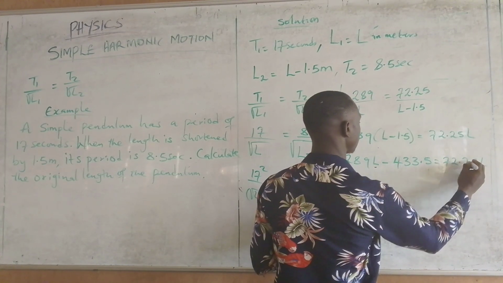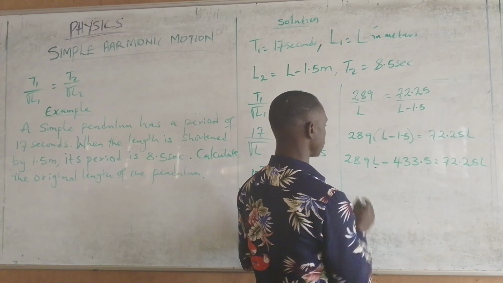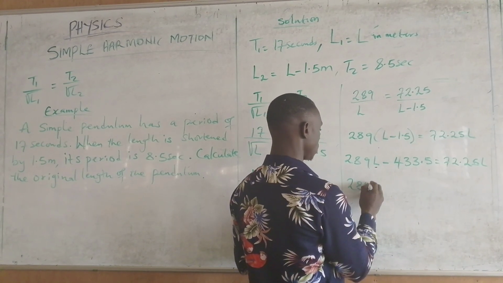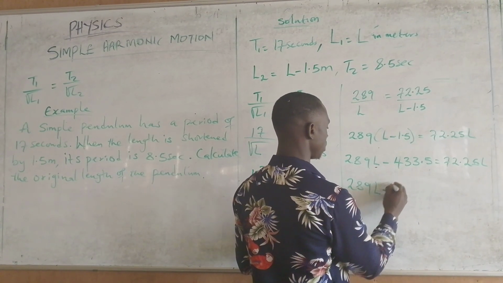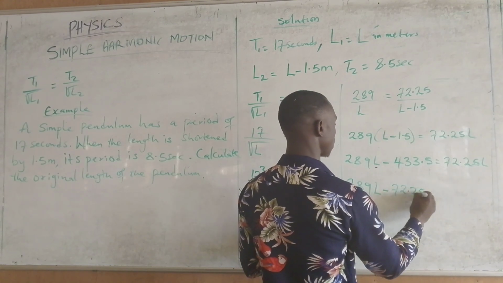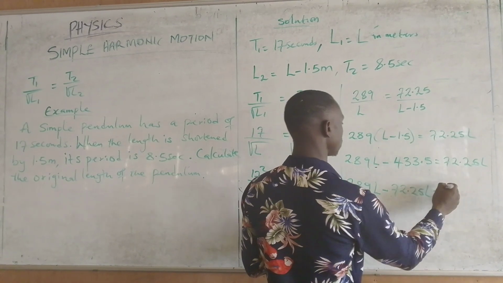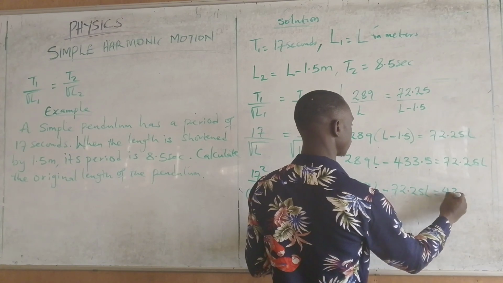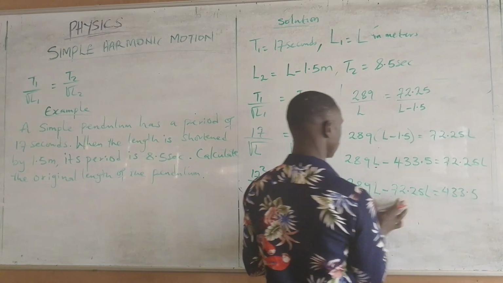Equals 72.25 L. So we collect like terms. This is going to be 289 L minus 72.25 L equals 433.5. Let me subtract.